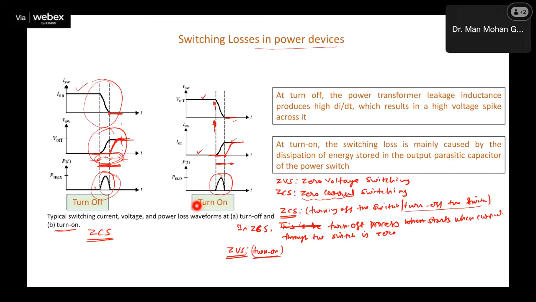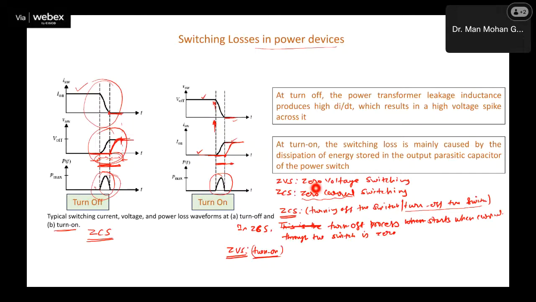So in this case also, I can keep the losses during this transition to be zero. You may ask, sir, why wait for this? The reason is that this is already zero.